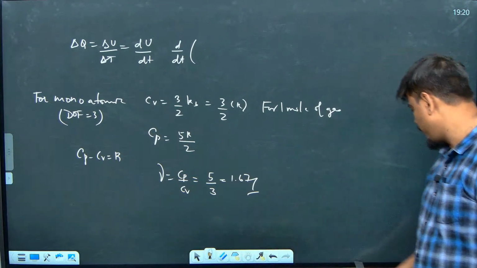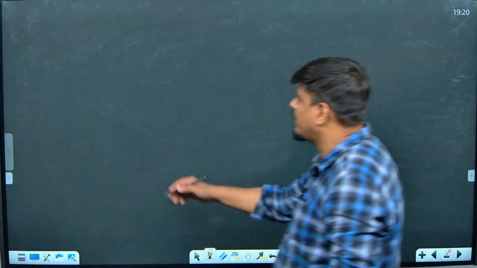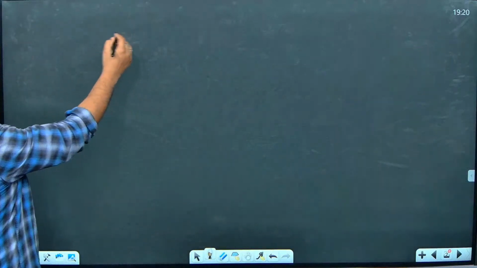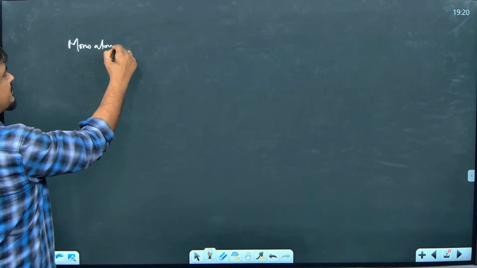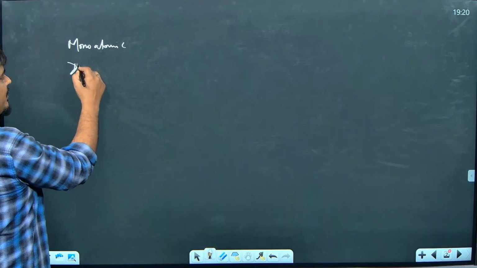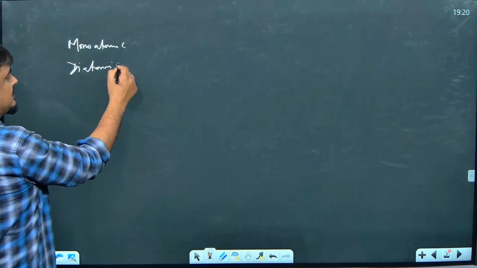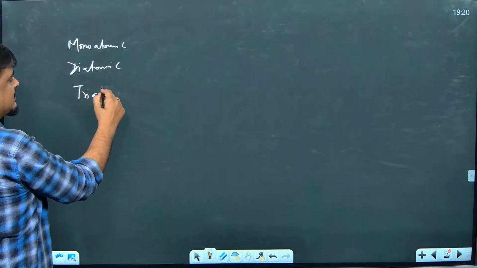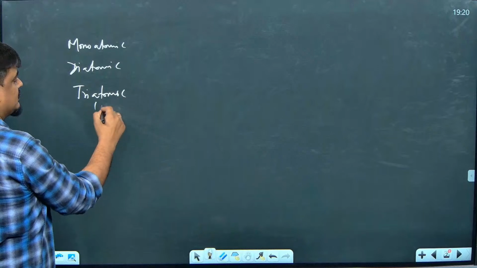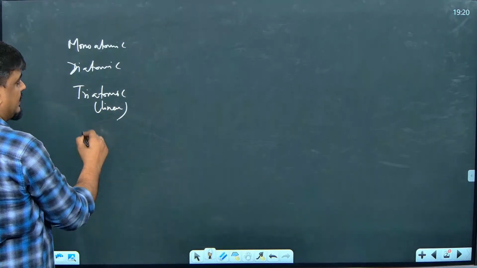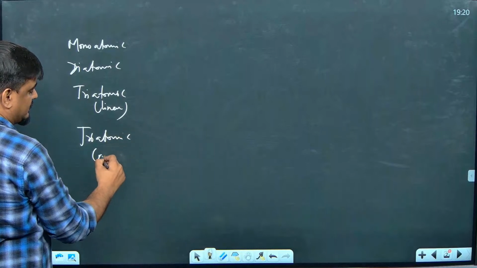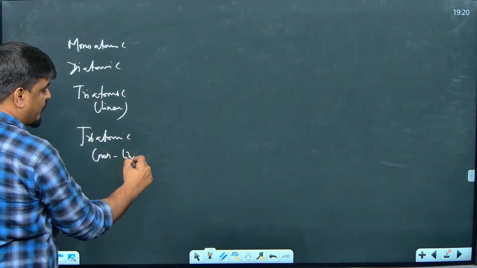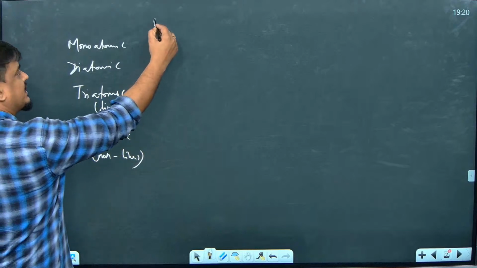If I do it for other gases, I will make a small table for reference: monatomic, diatomic, triatomic linear, and triatomic non-linear. For each kind of gas, you should know the degree of freedom.